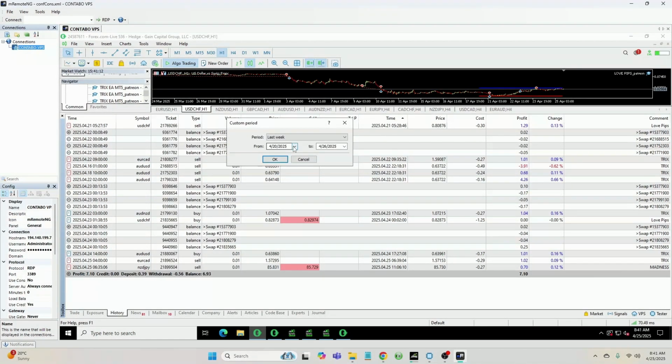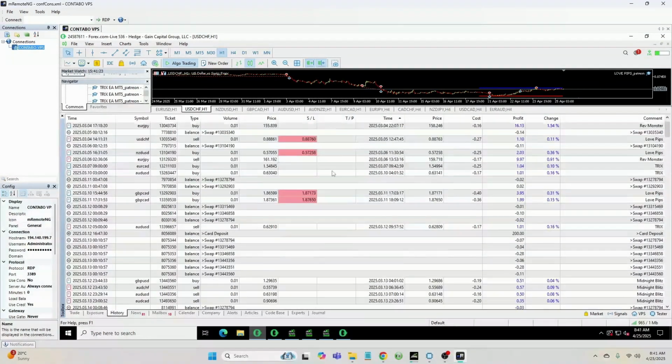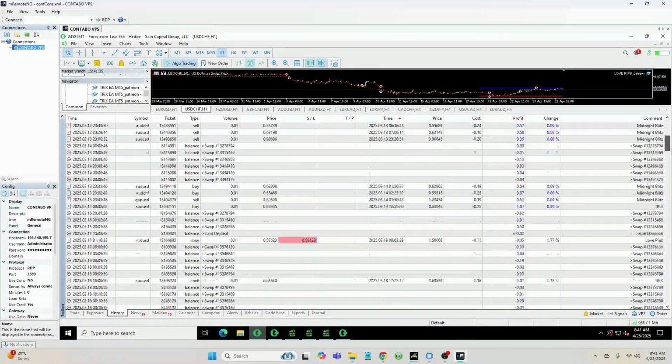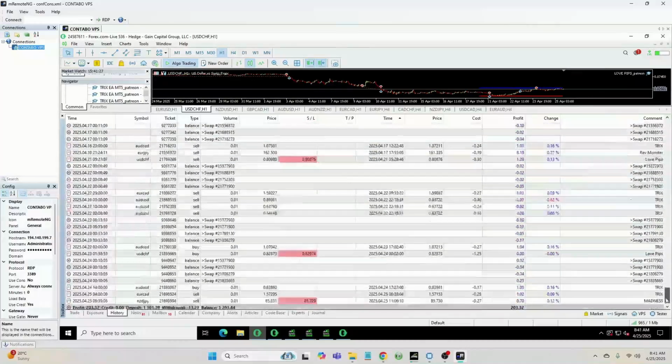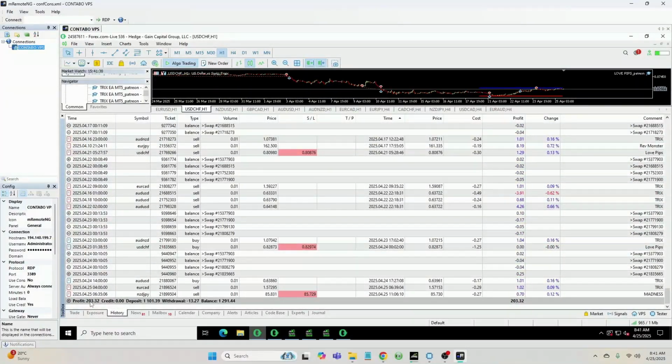Let's just put it back to March 1st, and that would give us almost 2 months here. This is all the trades that closed over the past month. As you can see, $200, right? Very good, excellent.